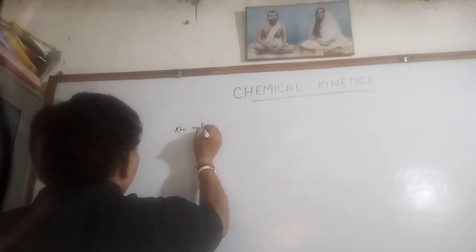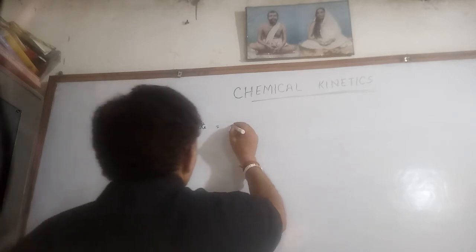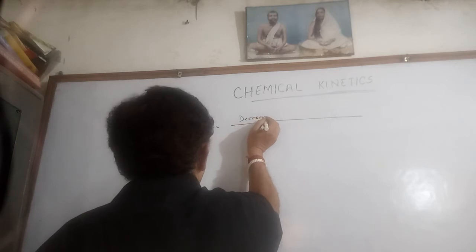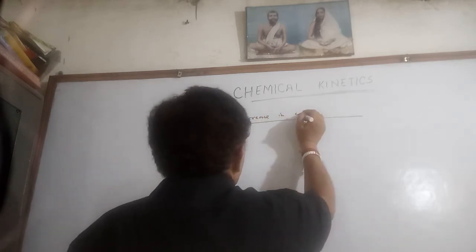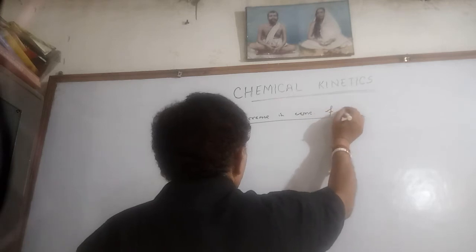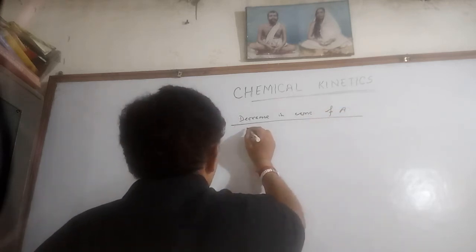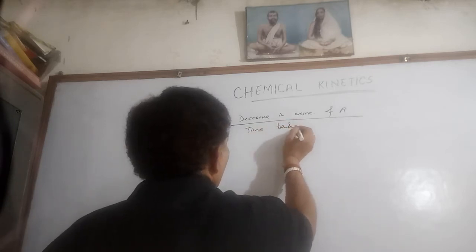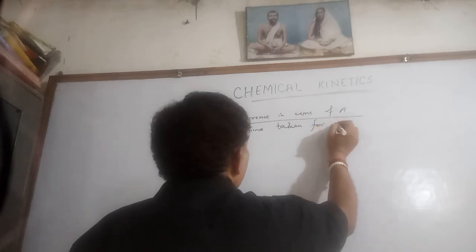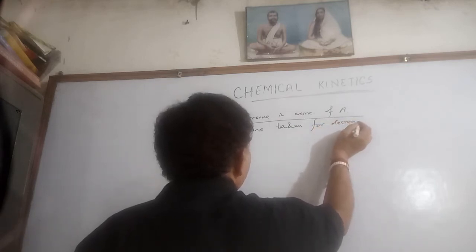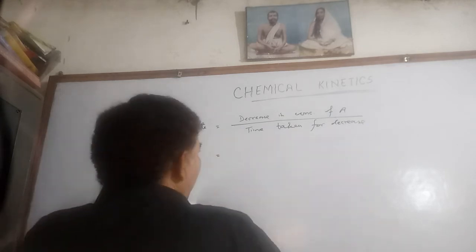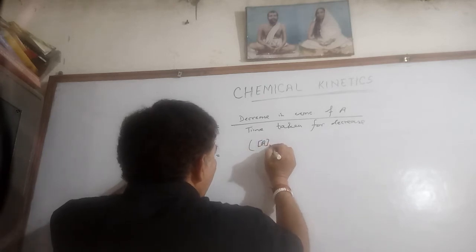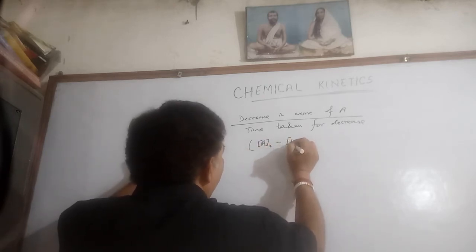Reaction rate is equal to decrease in concentration of A by time taken for decrease. So here it will be delta, that is A2 minus A1.